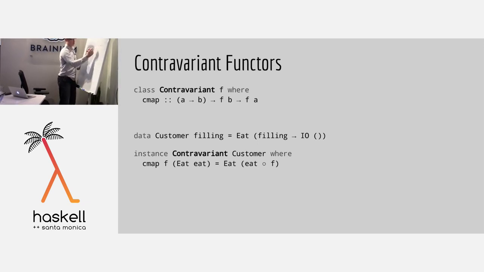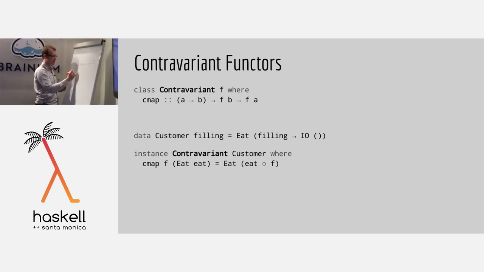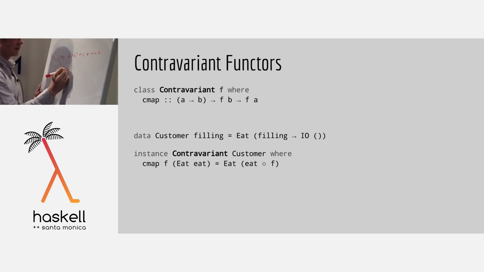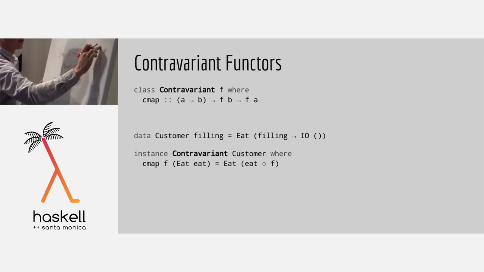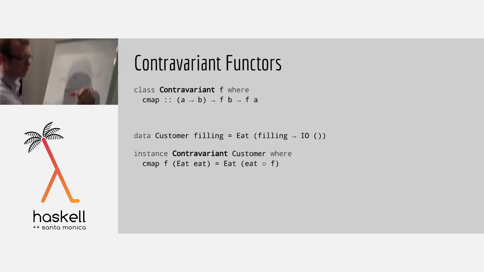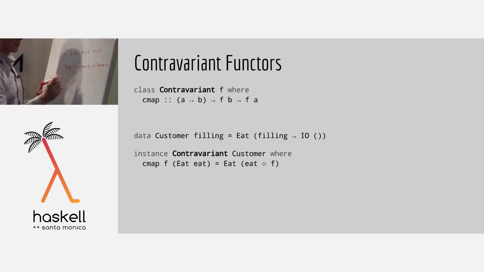Okay. So if we have some contravariant functor C, but we're just going to pick that to be customer. The one you wrote on the board is cmap. Yes, it is. I'm sorry. Thank you. Okay. So I have a customer of B, customer of A. Okay, so let's pick this to be a cooking function.